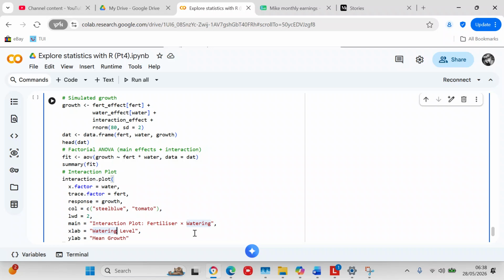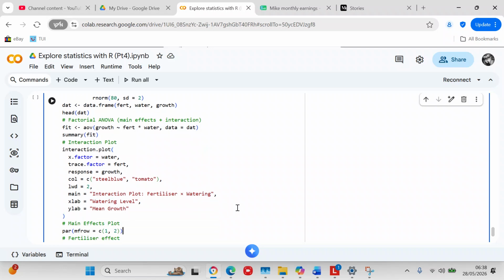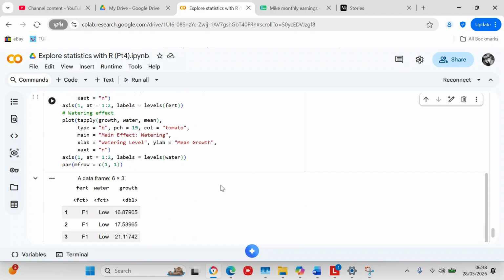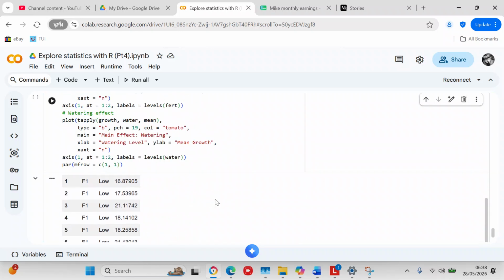And then we're going to take all this data and convert it into a data frame. So dat becomes data.frame, brackets fert, water, growth. And then we're going to print off the head of the data, which is going to be the first 6 rows.